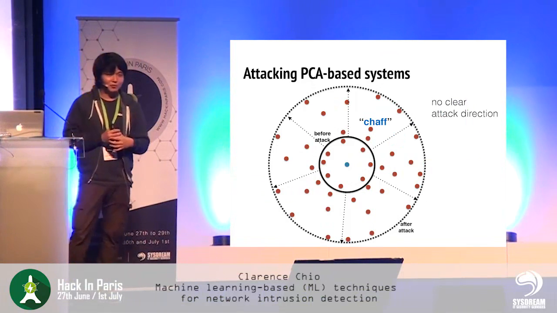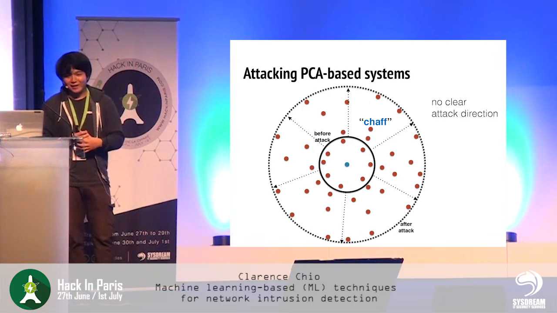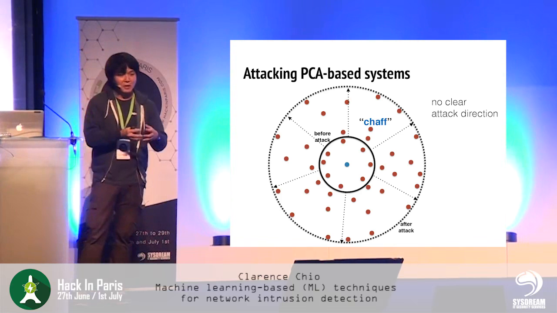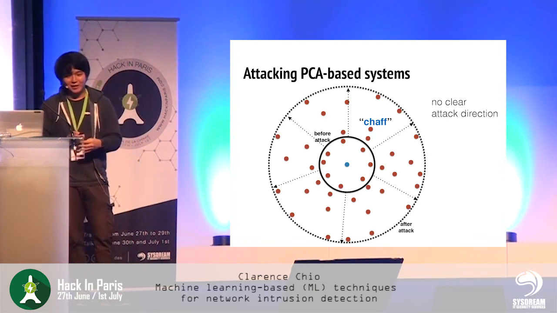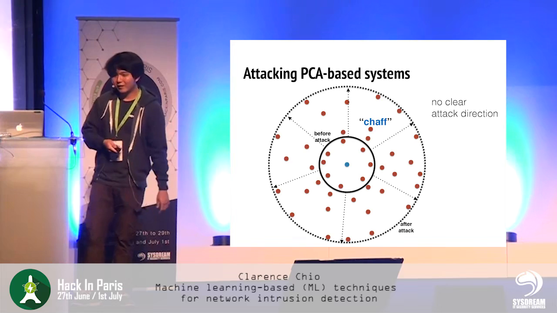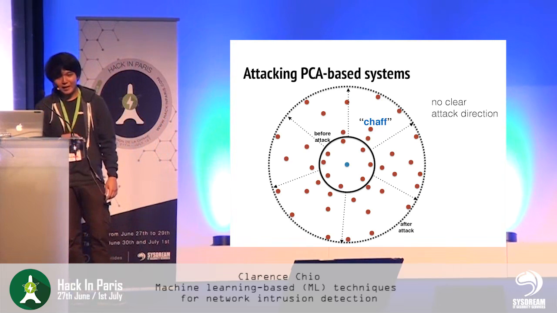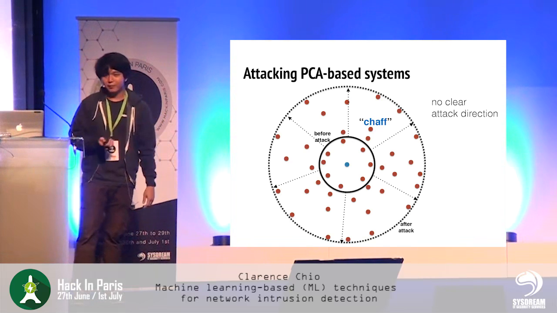In the same example, you run a website and you just started getting a lot more traffic from Russia, and you're just thinking, okay, maybe this is normal, because over a period of 2 to 3 months you see a slow increase in the amount of traffic coming from a particular ASN in Russia, and you're thinking, okay, maybe you're just getting more popular in Russia. Your machine learning obviously doesn't know about the context, and using PCA, you'll start to select features that are more salient and will start to accept more of this traffic over time. And there's no clear attack direction, and slowly, when the decision boundary expands, then the attacker will be able to get through.